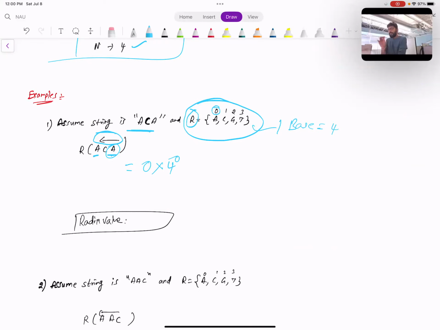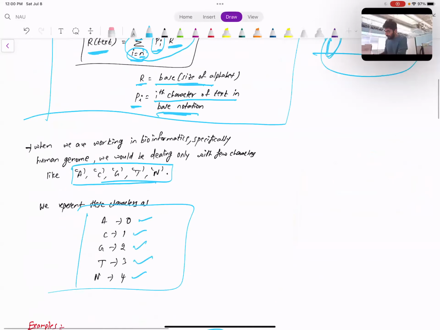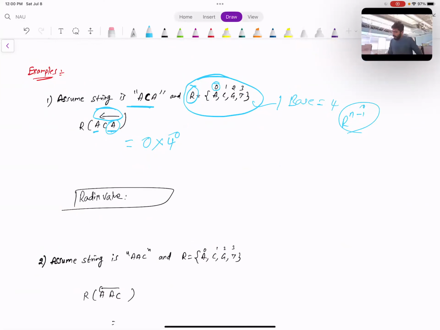This will make it much clearer, because I don't want to explain how it is converting from r power n minus i, because here we know what P_i is. With r power n minus i values, I don't want to confuse you. So I'll tell you how it happens. Now I picked A and the base is 4. It is 4 power 0. Next, it becomes 4 power 1. It becomes 4 power 2. That is what happens.